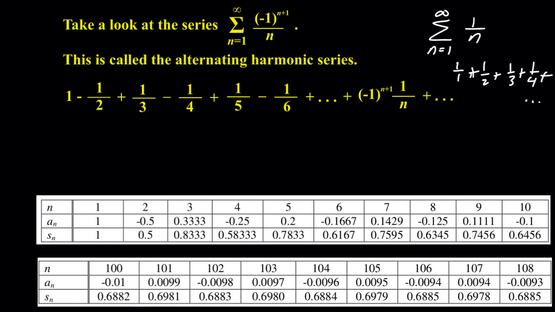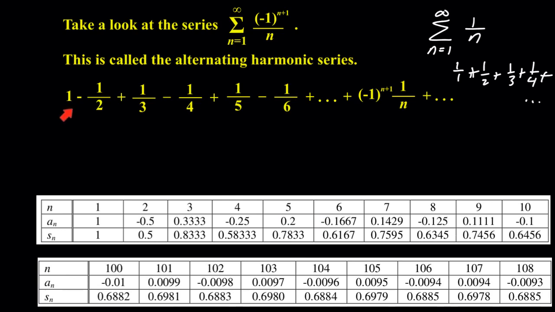All right, so let's take a look at the table values that are created by this harmonic series. These are your n values, starting with n equals 1, and they would just keep on getting larger and larger and larger. A sub n starts out with 1, and then negative 1/2, and then positive 1/3, negative 1/4, positive 1/5.